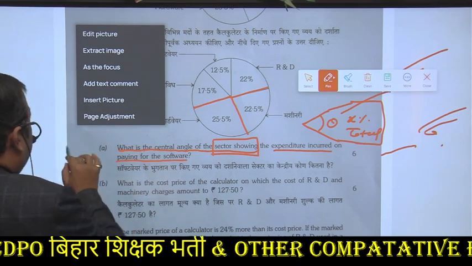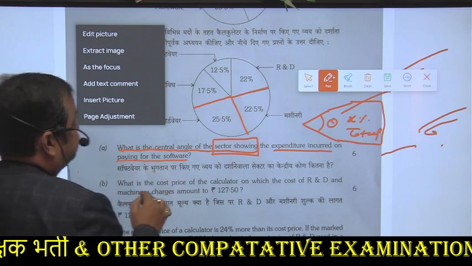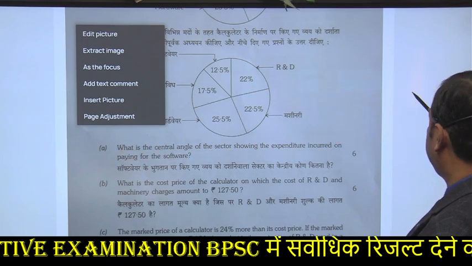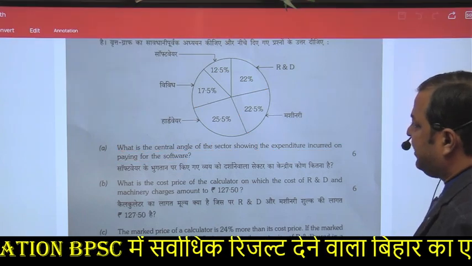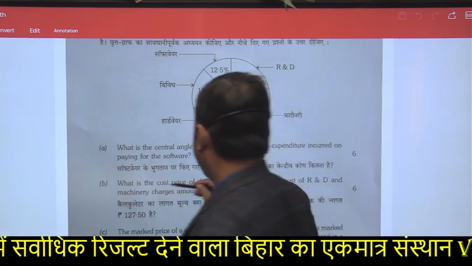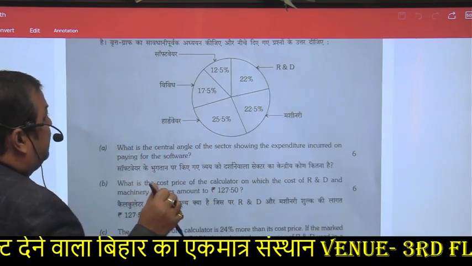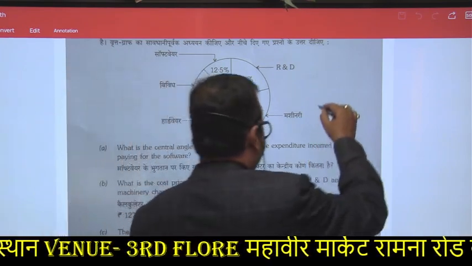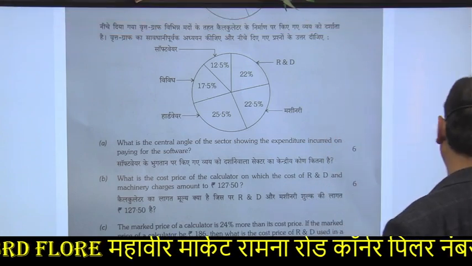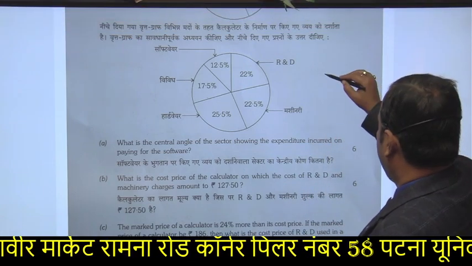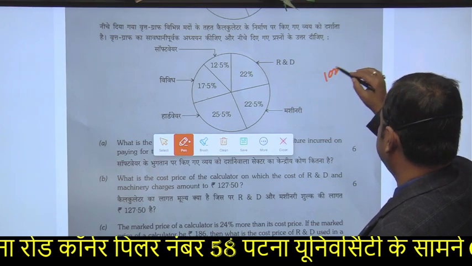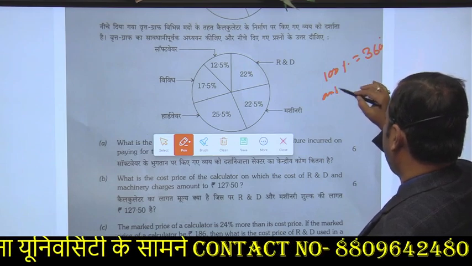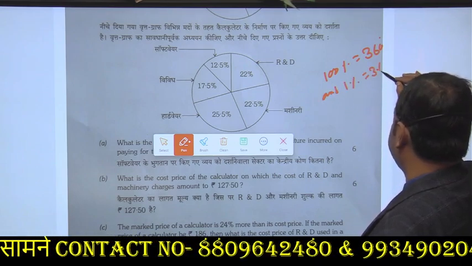So first of all, we know that 100% equals to 360 degree. So 100% equals to 360 degree and 1% equals to 3.6 degree.